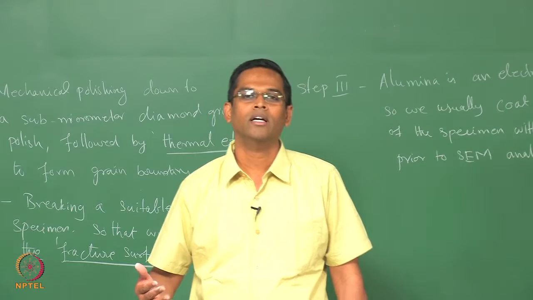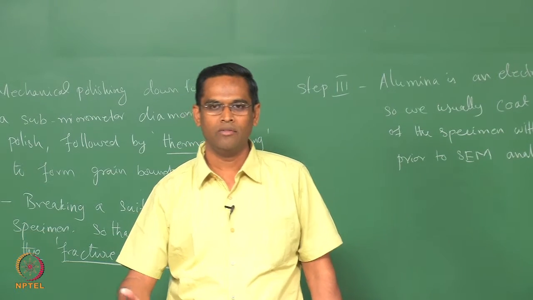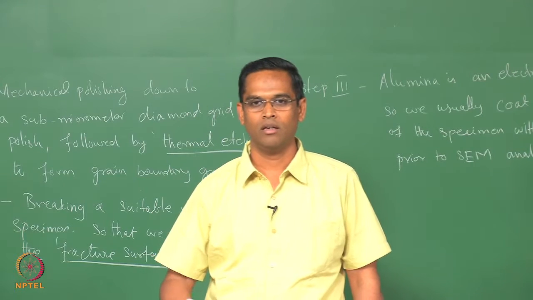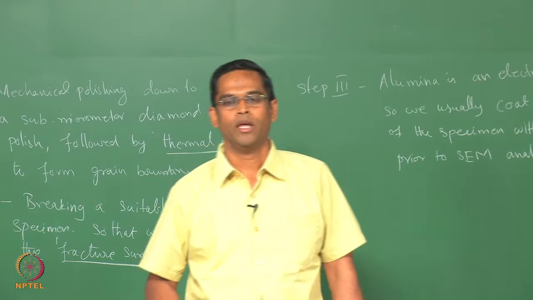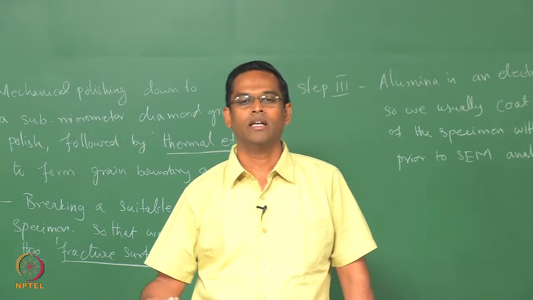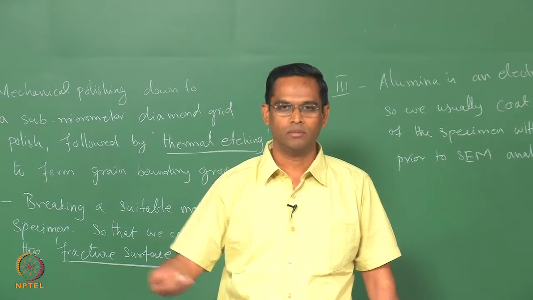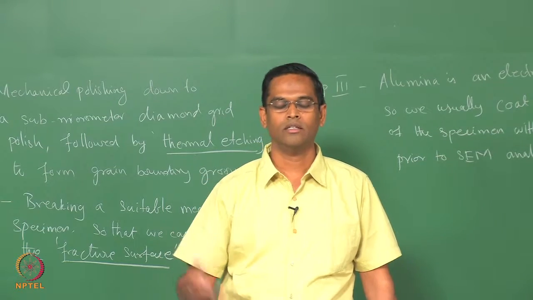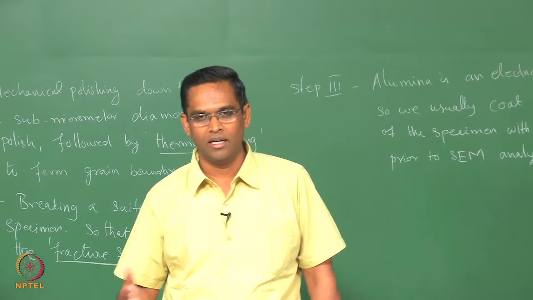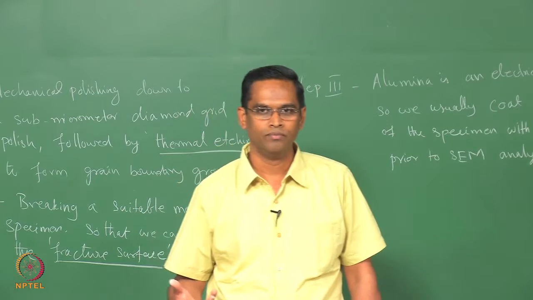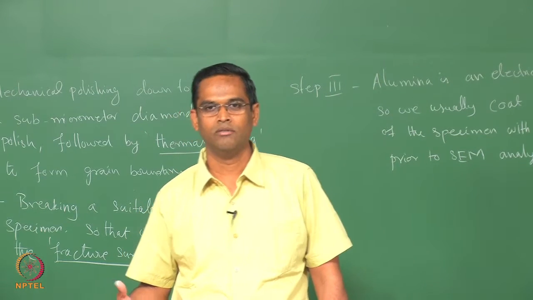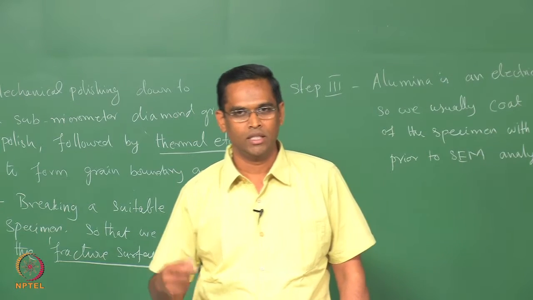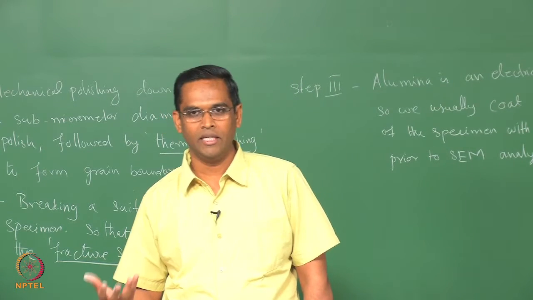The secondary electrons which come immediately from the surface are primarily SE1, but then there are some secondary electrons which escape from the subsurface towards the detector, called SE2, and then there are some stray electrons which hit the column, categorized as SE3.